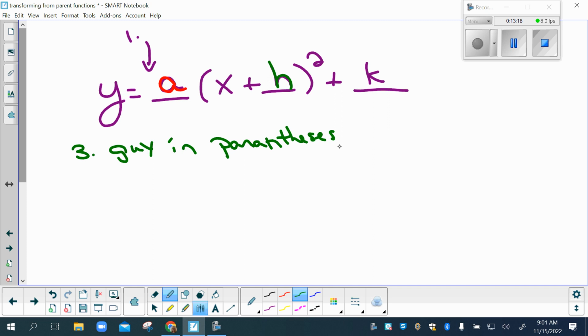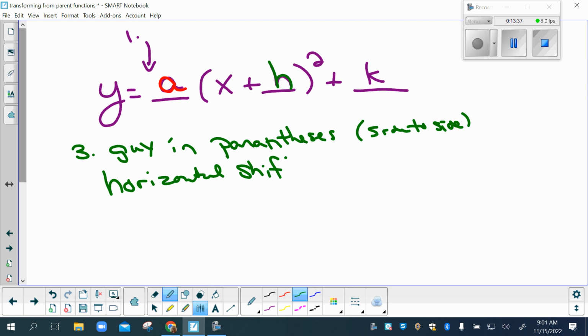He's the side to side guy. Mrs. Tarantino would call it side to side, but in math they've got a fancy name for it. He's called a horizontal shift.